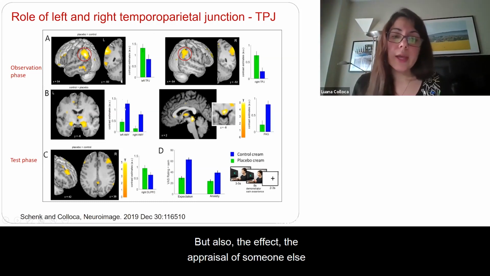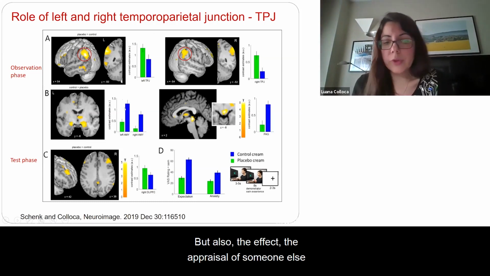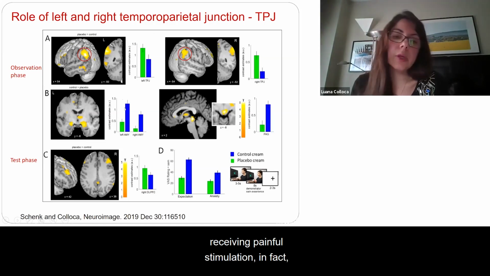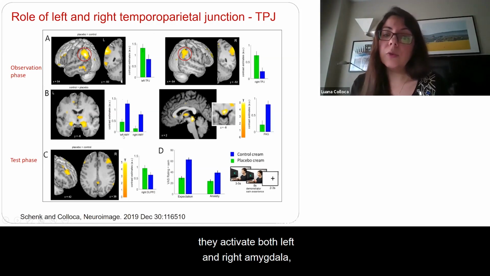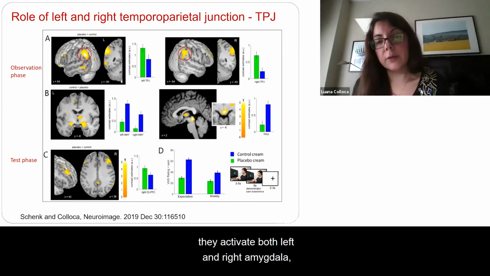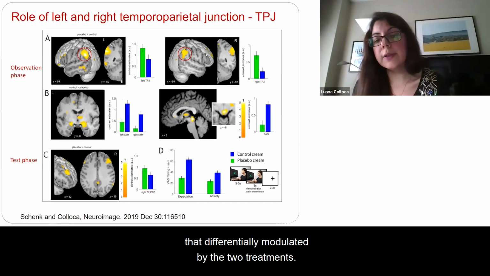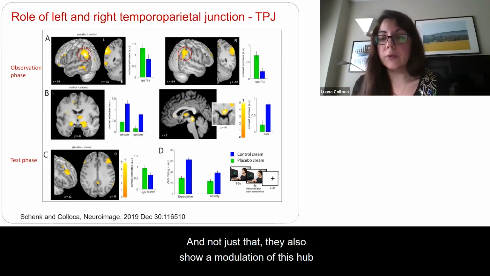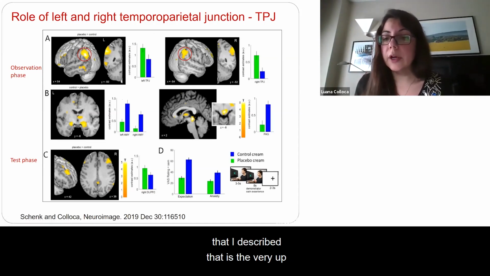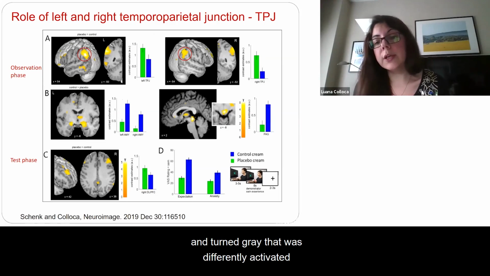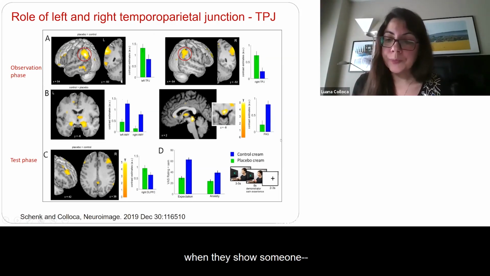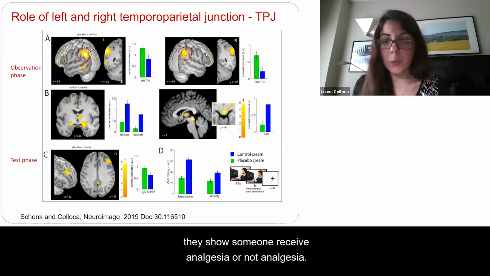But they also felt the appraisal of someone else receiving painful stimulation. In fact, they activated both left and right amygdala, which were differently modulated by the two treatments. And not just that, they also showed a modulation of this hub that I described, the periaqueductal gray, which was differently activated when they saw someone perceive analgesia or not analgesia.